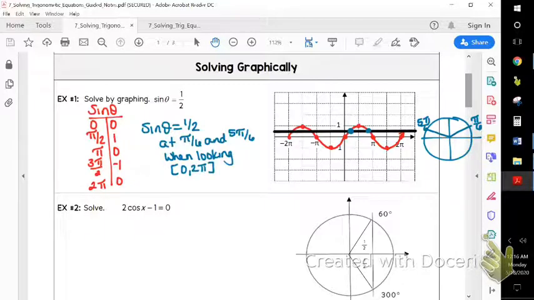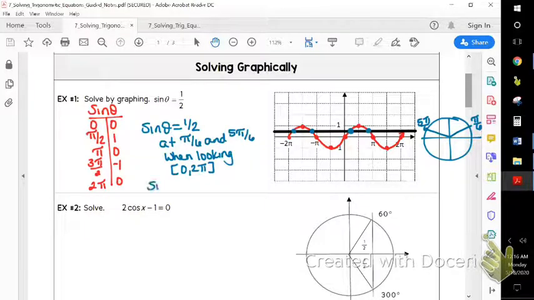Now, what if we weren't looking from 0 to 2 pi? Remember, this graph is going to repeat itself. We can see over on the left where we drew it, there are 2 more. Where would those be? It's going to be where it is coterminal to pi over 6 and 5 pi over 6.